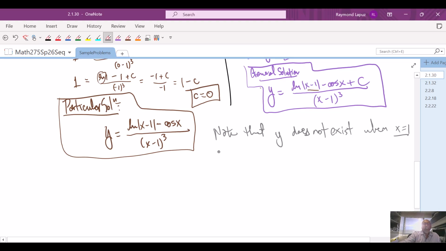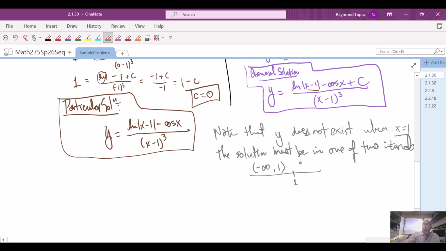So the solution must be in one of two possible intervals, and we cannot have x is equal to 1 as a solution. So it has to be either going from -infinity to 1, or it has to be going from 1 to +infinity.